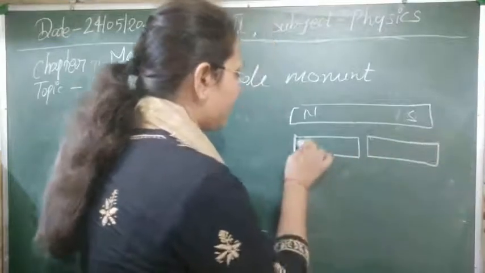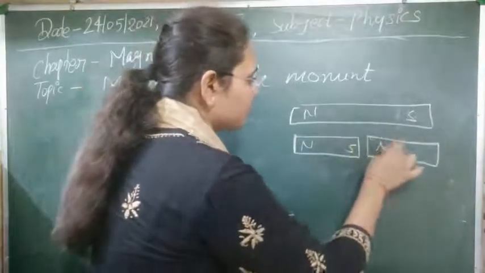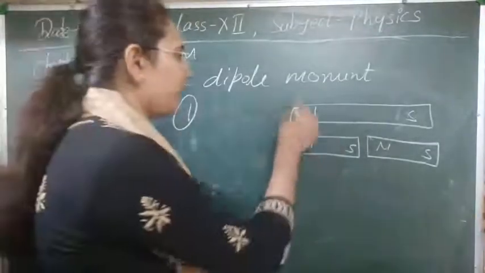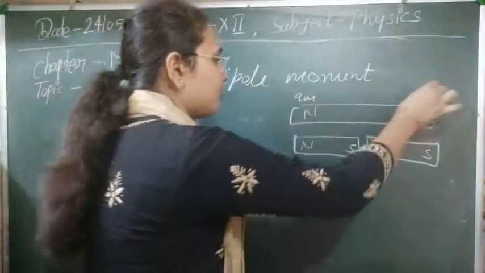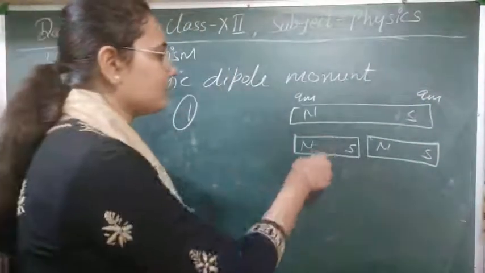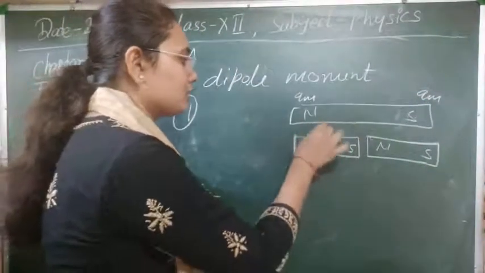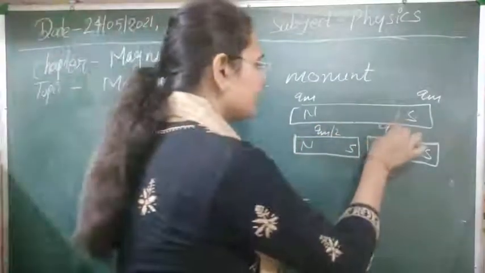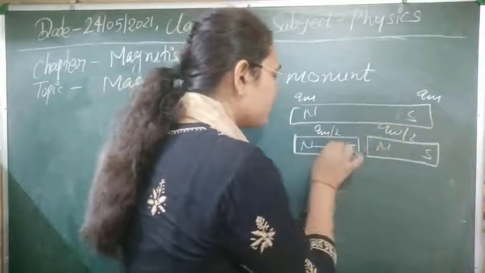After cutting, two different magnets have formed. If the original magnet had pole strength qm, now the pole strength of this magnet will become just half, equal to qm by 2, and similarly for this one, qm by 2, if we see along the axis.